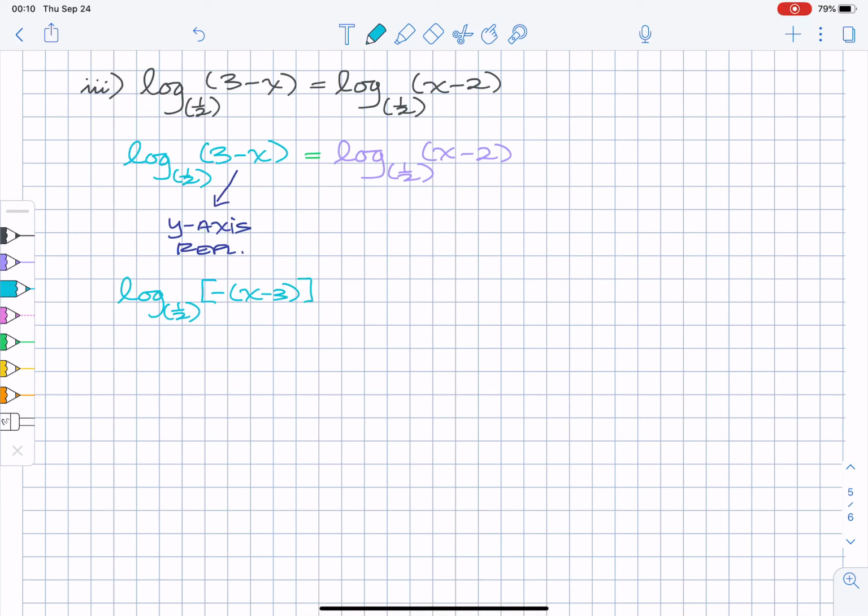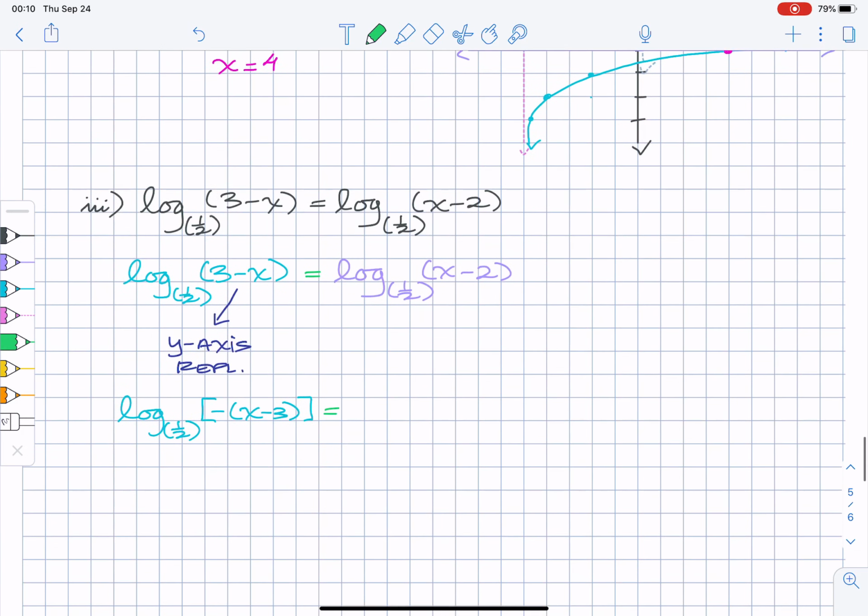Okay, so if I do that, maybe I should plot some points to show what's going to happen. Now, am I going to go to the right 3 or to the left 3? Let's say x were 0. 3 is a very valid point to have.